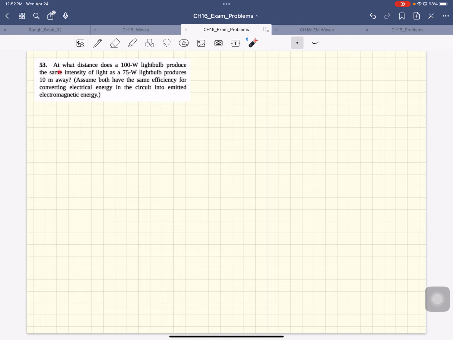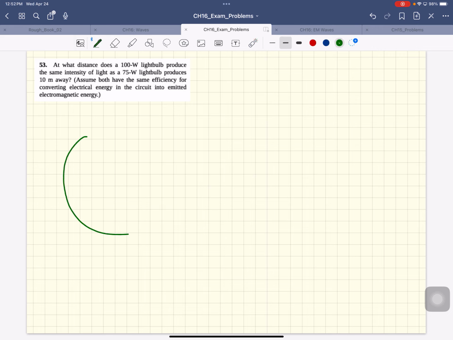Okay, so at what distance does a 100-watt light bulb produce the same intensity of light as a 75-watt light bulb produces 10 meters away? So there's a certain level of brightness from here to the wall, and a 100-watt bulb will produce the same level of brightness further away.